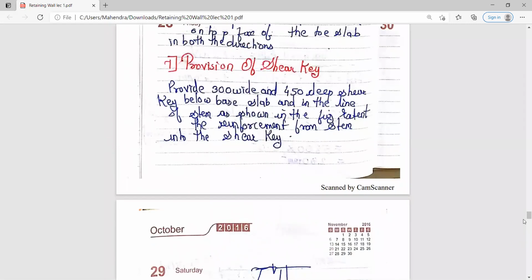You need to provide a shear key of the size 300 millimeter wide and 450 millimeter deep. And after completing, let me know.